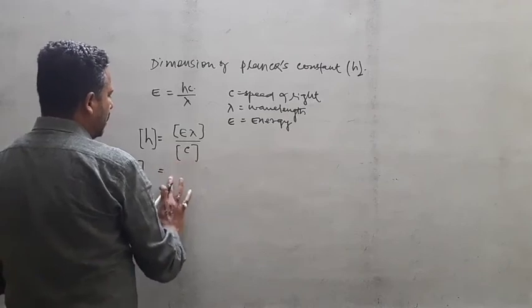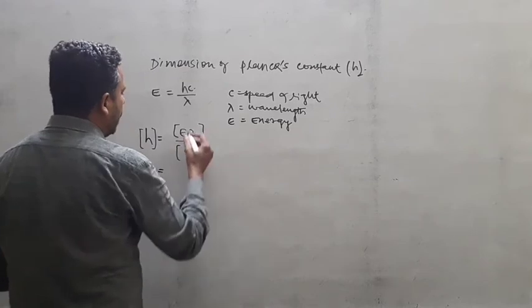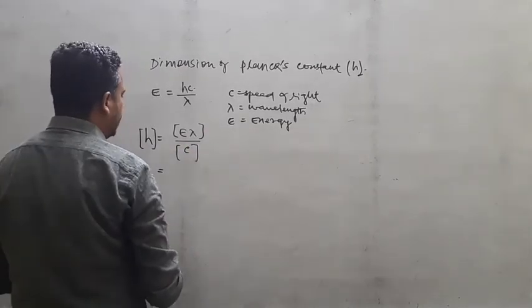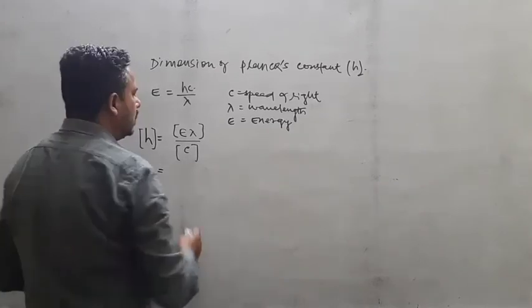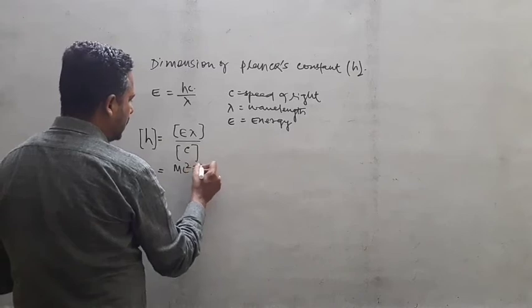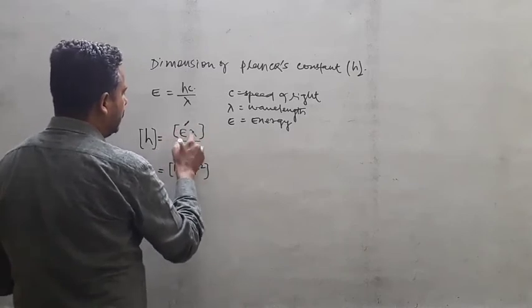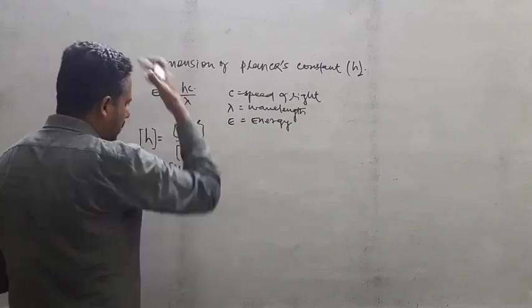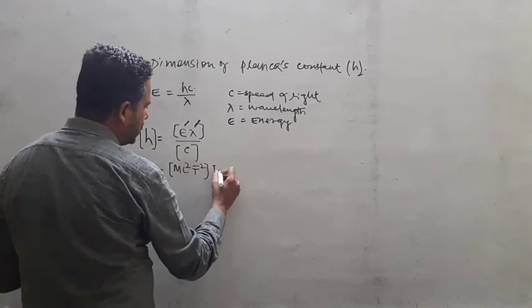For this one you need to give proper reasoning. Okay, so you just keep yourself in practice. Therefore E is directly ml2 t minus 2, the dimension of energy, where the wavelength is a distance. So its dimension is L.